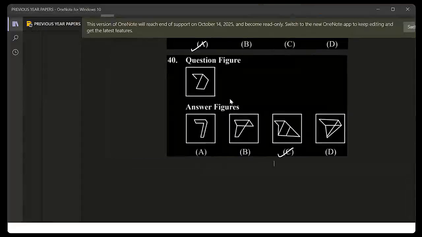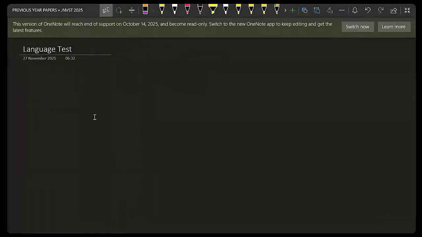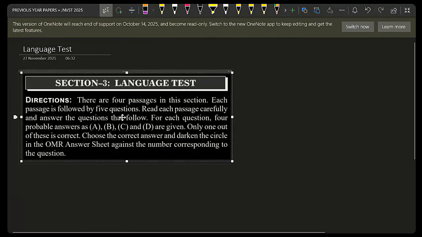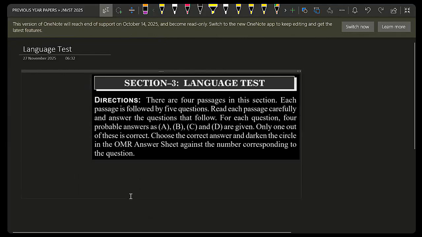So language test. Okay, we have to go through the passages and we have to answer the questions that follow.